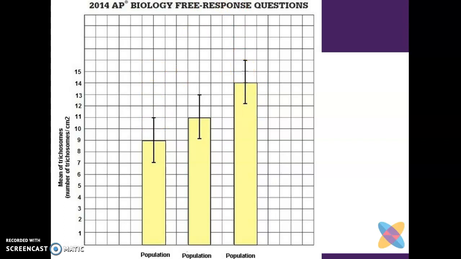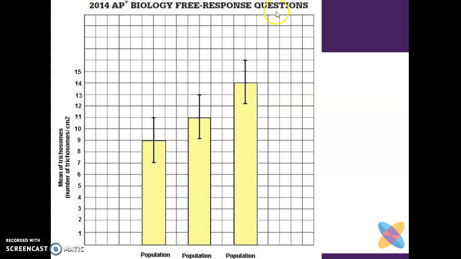The second part of that is the justify. This is where you want to use your data, you want to use your graph, you want to use your 2 standard error of the means to justify that claim. You could say something like, population 1 has plus or minus 2 SEM, a range of 7 to 11.